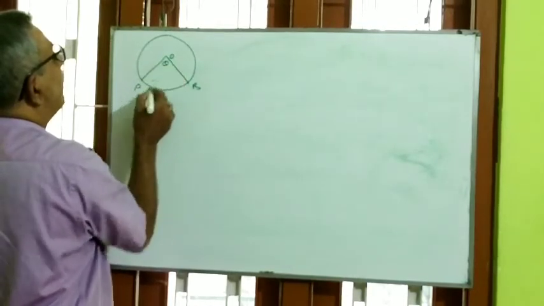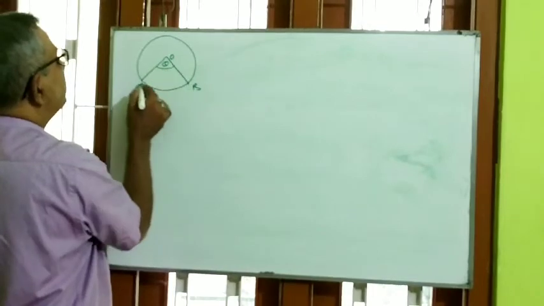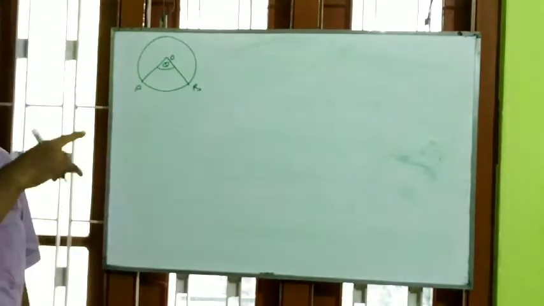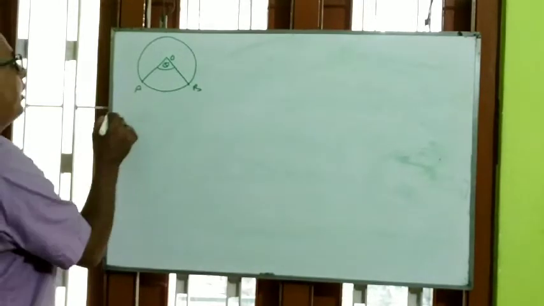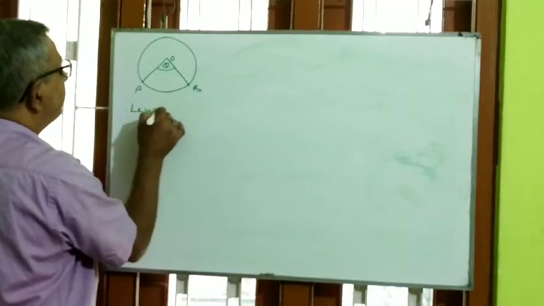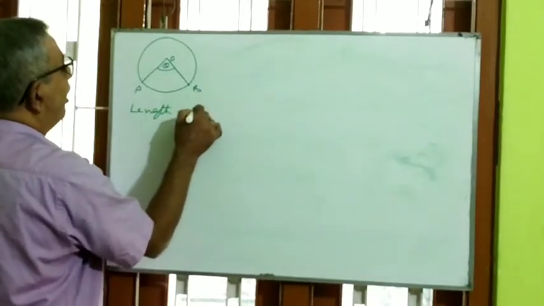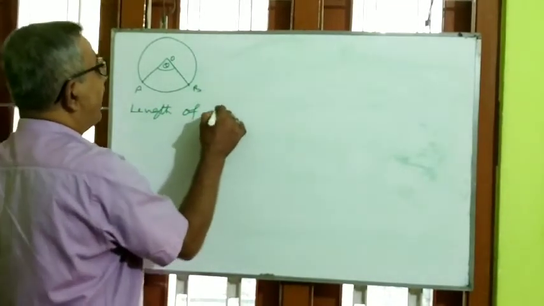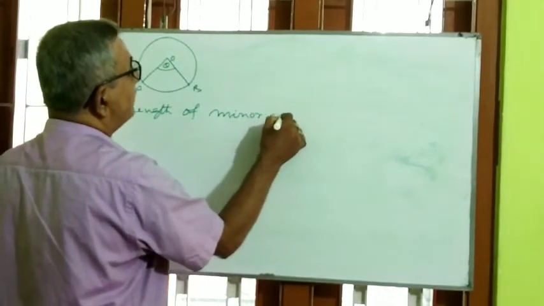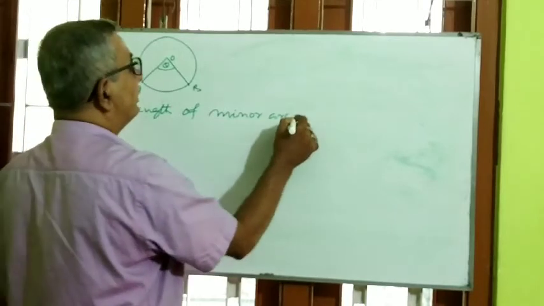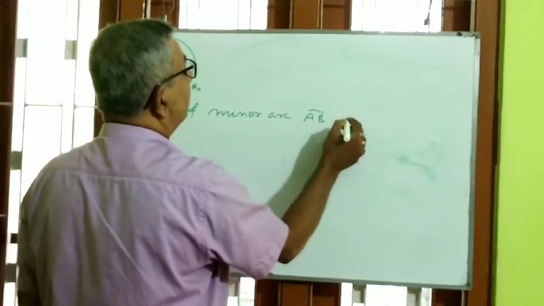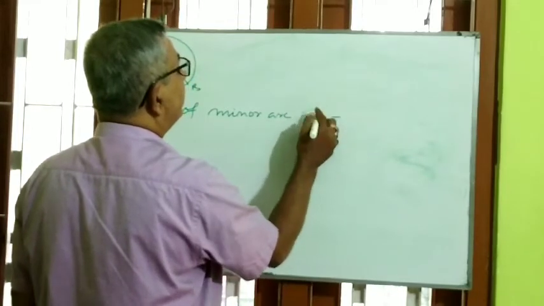Suppose this angle is theta, and this is one arc, arc AB, minor arc. So the length of minor arc AB is equal to what you are getting?